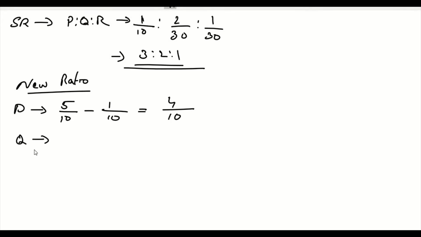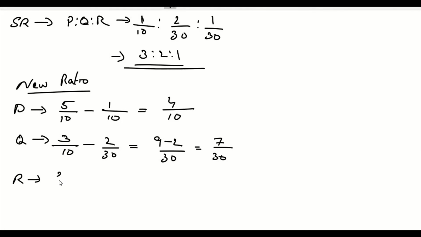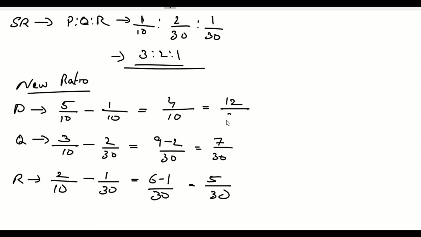And Q, his original share is 3/10 minus his sacrifice, which is 2/30, that is going to be 9 minus 2/30, and it's equal to 7/30. And then we have R. R's original share is 2/10 minus 1/30, which is equal to 6 minus 1/30, that is equal to 5/30. Now the common denominator here is 30, so for P also we will move to 30, that is 12/30.